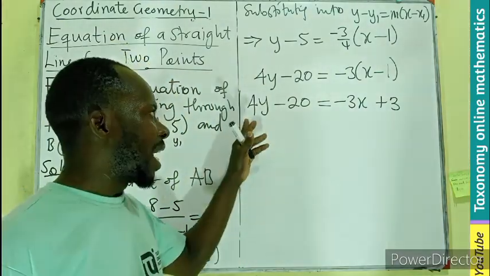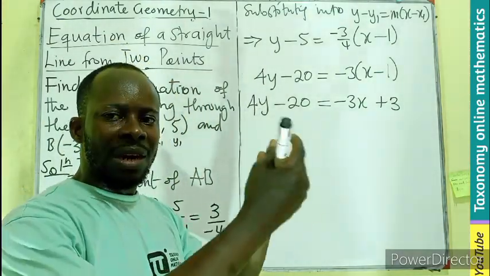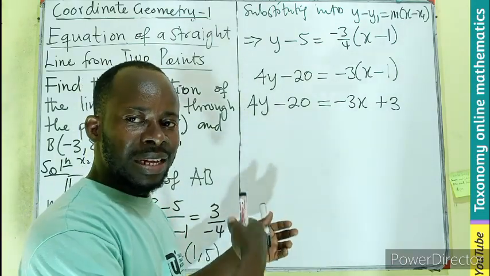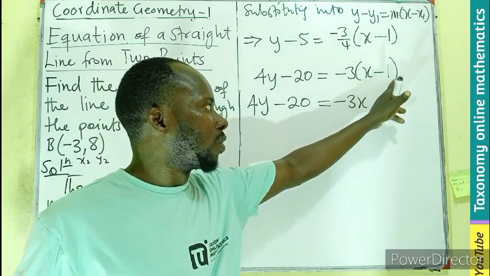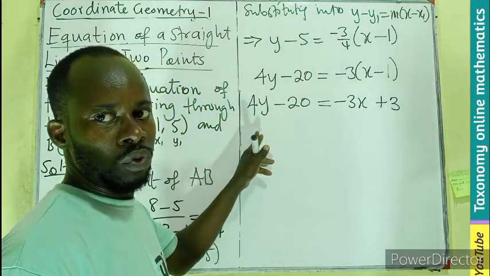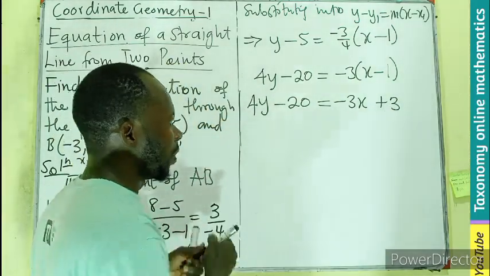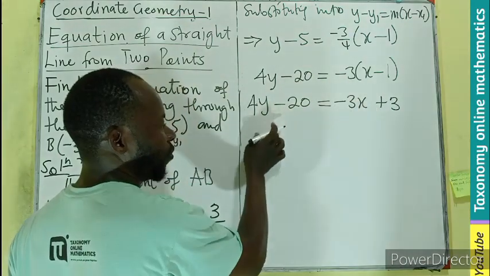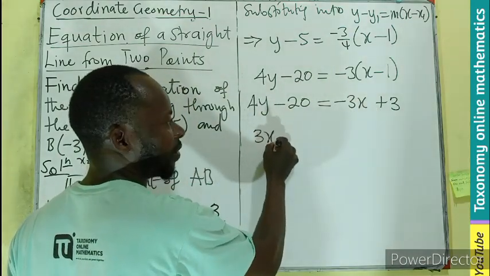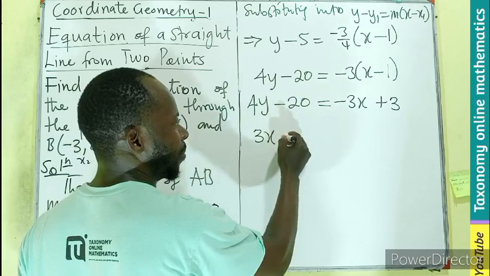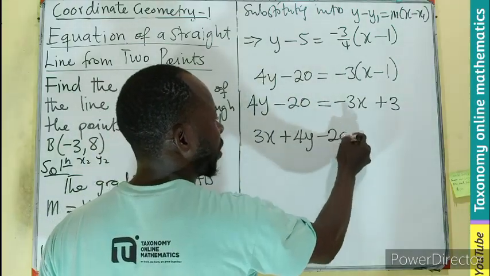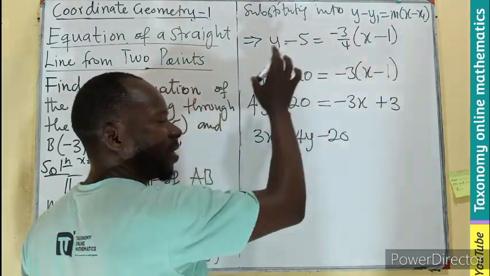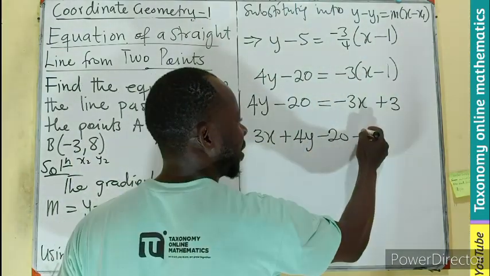Now we can either write it in the general form or in the slope-intercept form, but I'll be using the general form. So I'm going to transpose all this from the right to the left, meaning this is coming to the left to become positive 3x, then this will become plus 4y, minus 20, the 3 is also coming in here as negative 3.